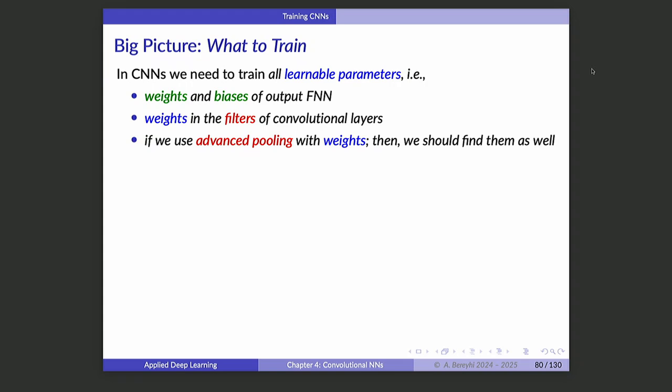And we could have a bunch of weights and biases inside the feed-forward neural network, the fully connected part, the MLP side. Also, this is not really happening in practice, but if we have some weird kind of pooling which has weights, then they are also parameters that we can learn.